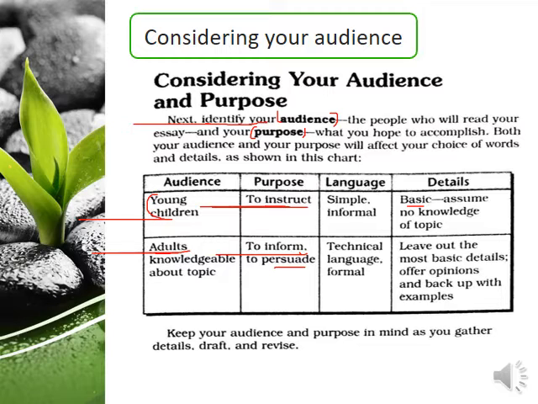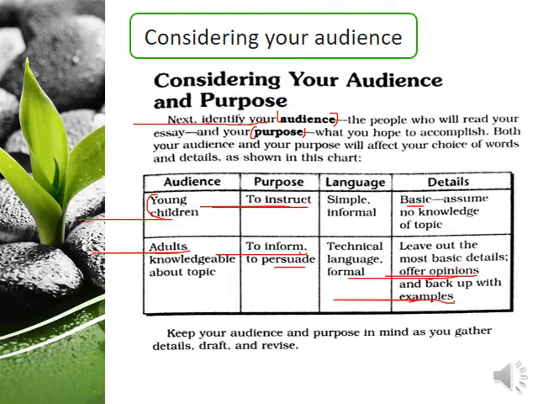And the details, leave out the most basic. You're going to leave the basic details because we said that they are knowledgeable about the topic, so they know many things about this topic. So don't start with the basic details because they already know them, but offer opinions and back up with examples.